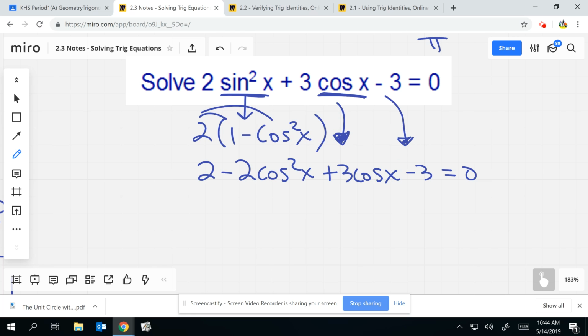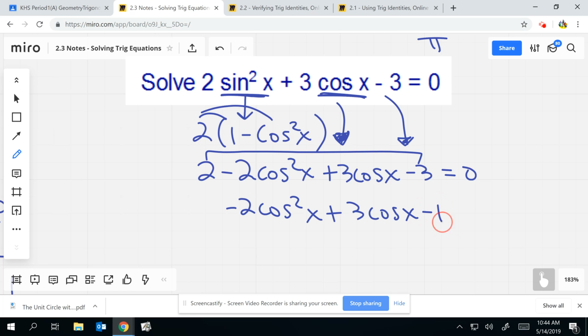Okay, so now we need to combine our like terms because 2 and 3 are both whole numbers. So you would end up with a negative 2 cosine squared, that's still negative in front of that 2, a plus 3 cosine. And we're going to combine the 2 with the negative 3. So 2 minus 3 gives us a negative 1.